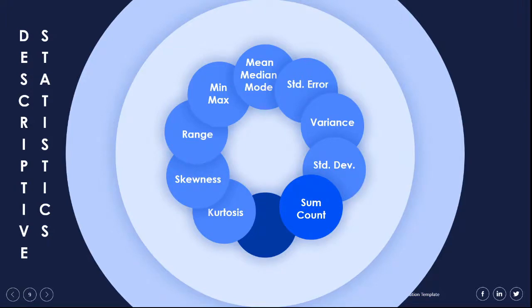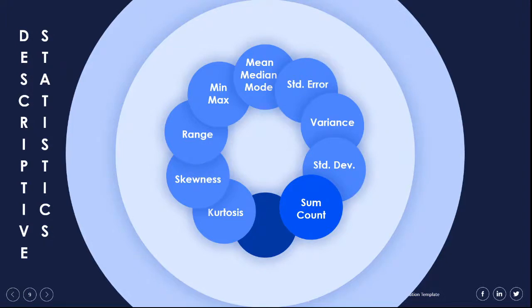The standard deviation is the square root of the variance. It indicates how close the data is to the mean. Assuming a normal distribution, 68% of the values are within 1 standard deviation from the mean, 95% within 2 standard deviations, and 99% within 3 standard deviations. Of course, you all know what sum and count can do, and also the minimum and the maximum.